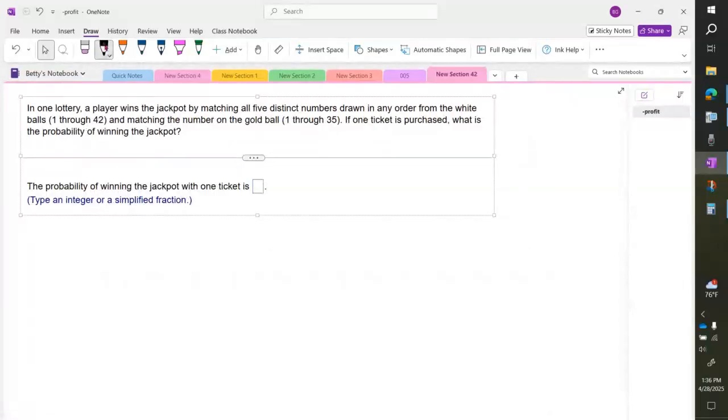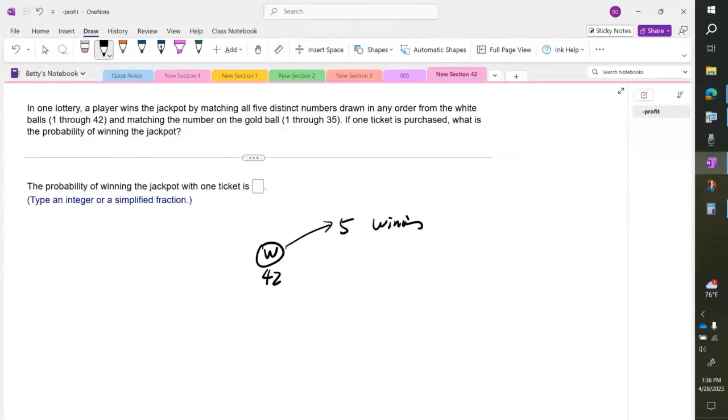Firstly, analyze the settings. It has many white balls, right? 42 white balls, and 5 of them are winning numbers. 42 minus 5, 37 of them are non-winning.